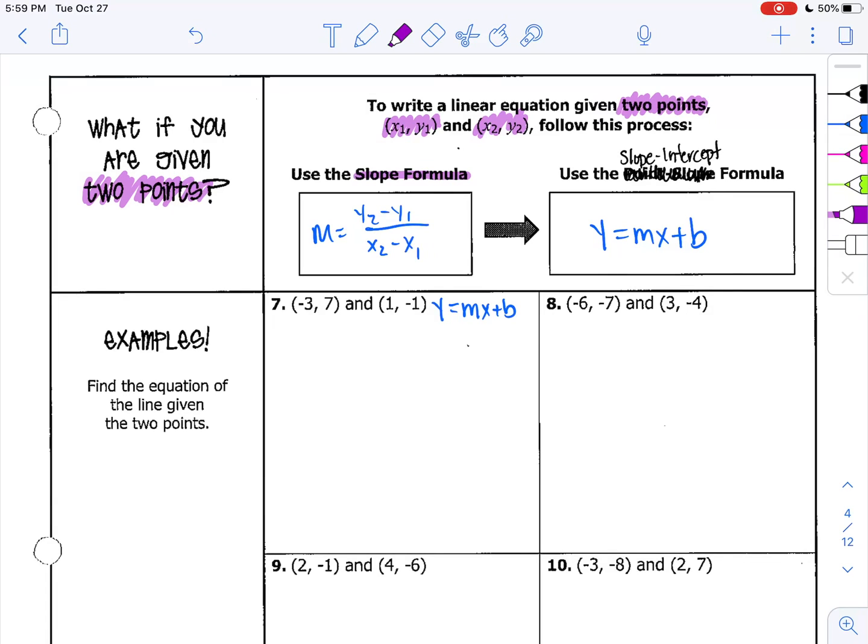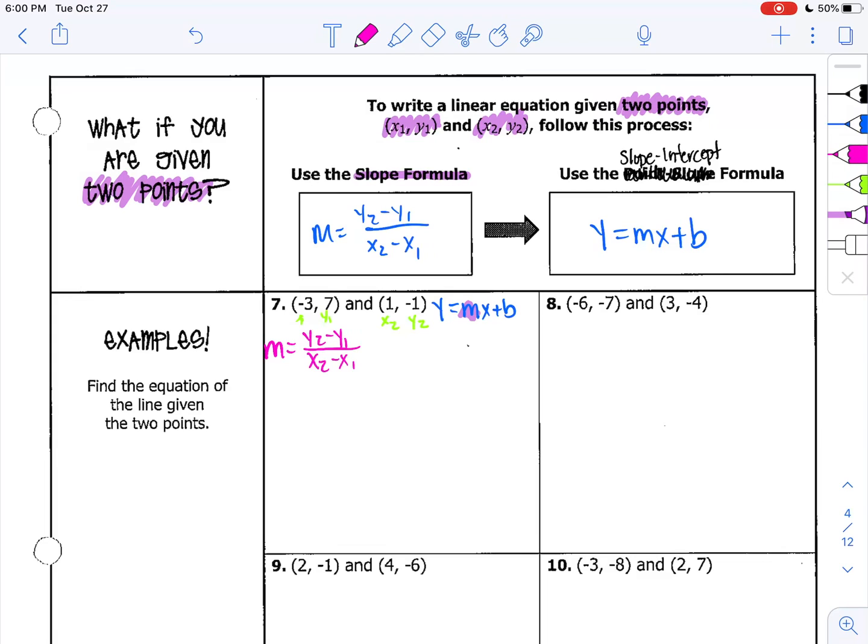So let's begin by calculating the slope, finding our m value. To calculate the slope given 2 points, we have to use that slope formula. m equals y2 minus y1 over x2 minus x1. We then need to label our points: x1, y1, x2, y2.